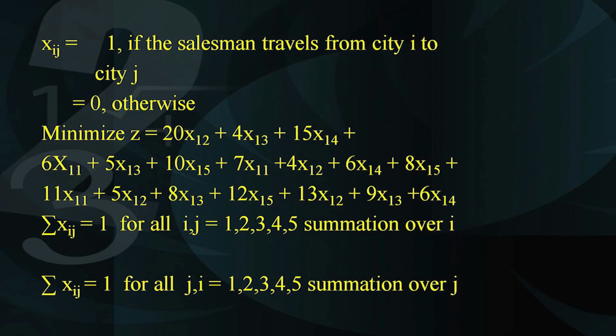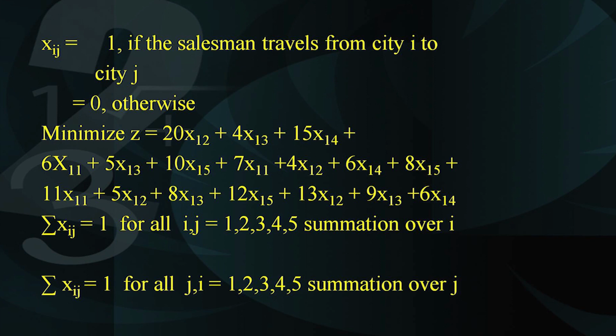So, here also Xij takes value 1 if the salesman travels from city i to city j, and it takes value 0 otherwise. Now, again as before, the second step is to identify the objective function, and the objective function can be obtained by this expression: 20 times x12.